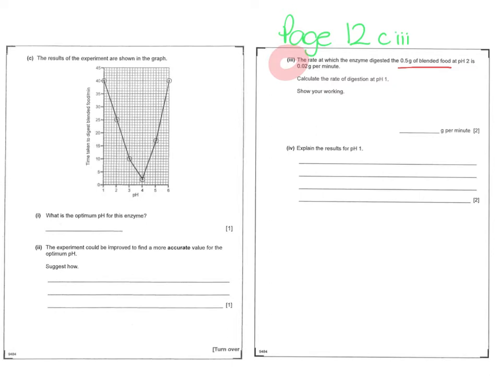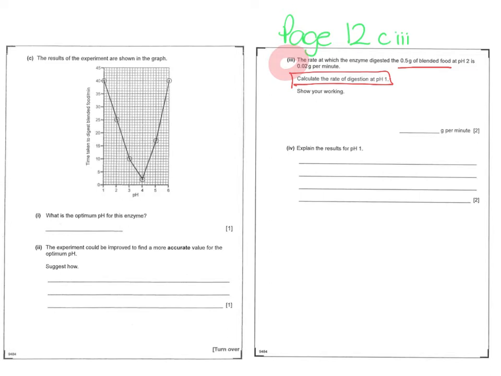So it tells us in part 3, the rate at which the enzyme digested the blended food, the 0.5 grams, at pH 2 is 0.2 grams per minute. And you're asked to calculate the rate of digestion at pH 1.